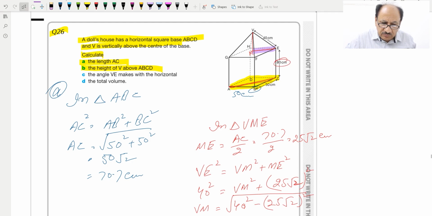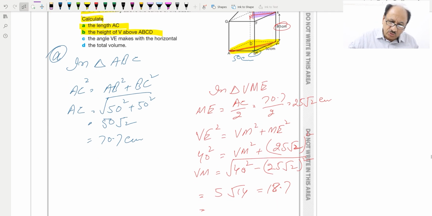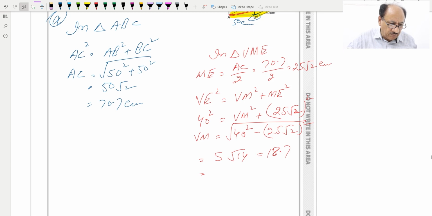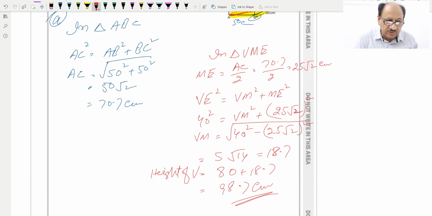So height of V above ABCD will be 80 plus 18.7, so this will be 98.7 centimeters. This is the answer for this part.